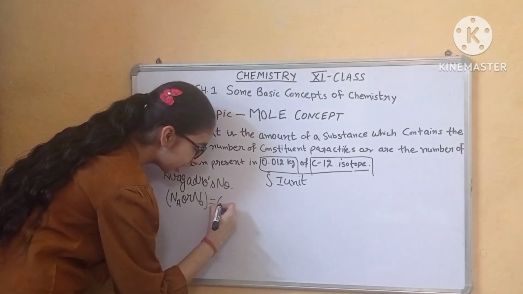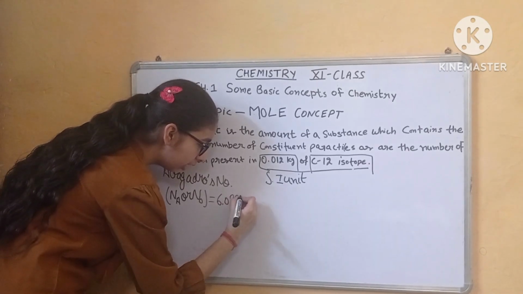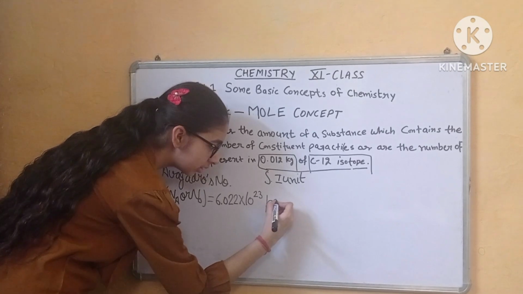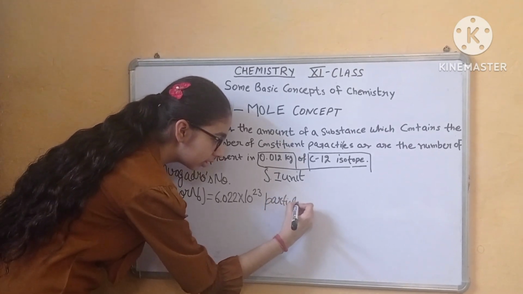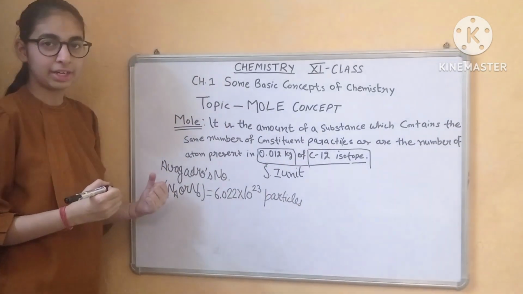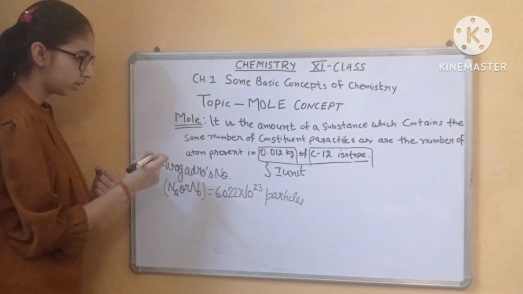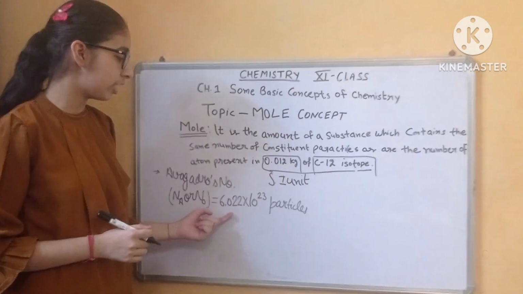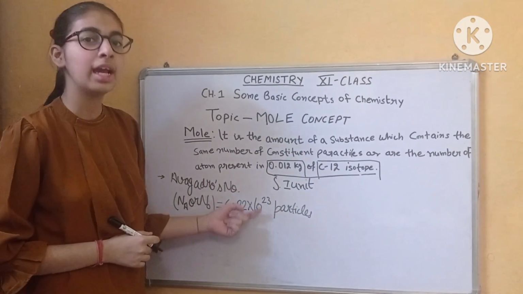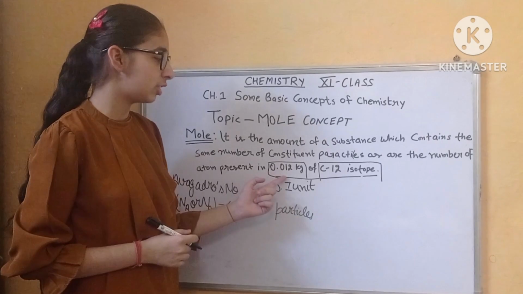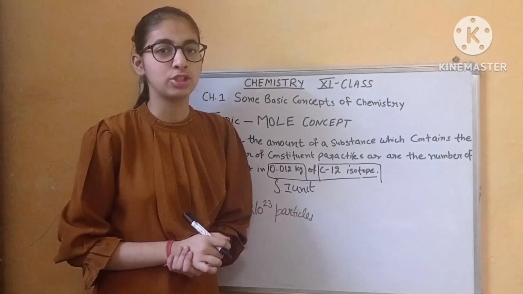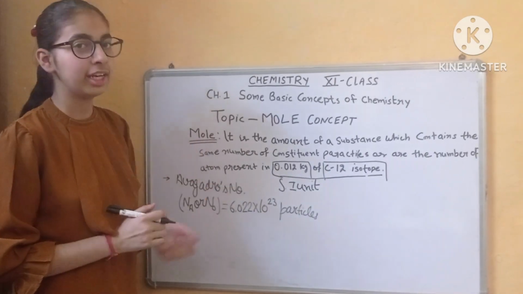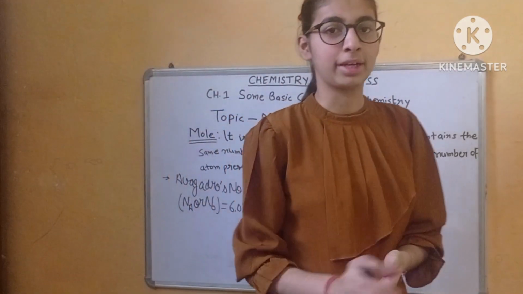The value is 6.022 into 10 raised to power 23 particles. This is the value of Avogadro's number. So in 1 mole there are 6.022 into 10 raised to power 23 particles, according to the reference of 0.012 kg of carbon-12 isotope. Please remember this definition as it is important, and with this we can start our next topic.